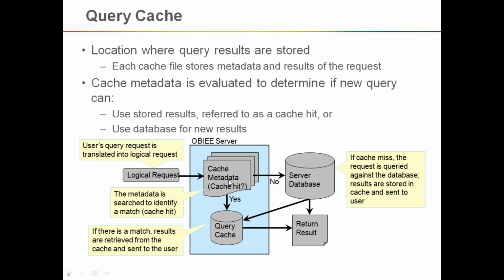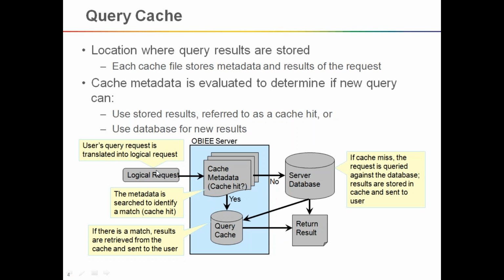There is one small component called cache hit detection, which is responsible for taking the request and deciding whether this report output can be taken from the cache. This is your cache storing, and this is your database.